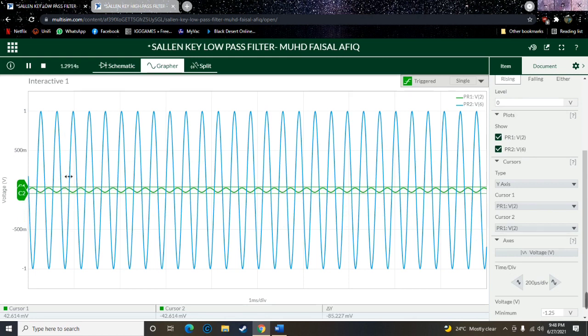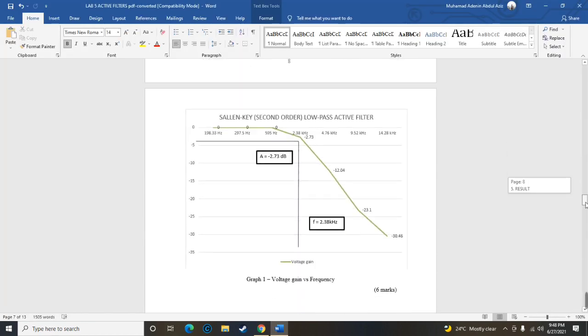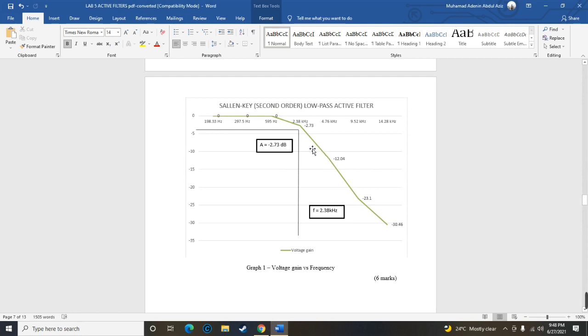The voltage gain is less than 1 when the frequency is more than the cut-off frequency for a low pass filter. After testing different frequencies, it is easier for us to plot a graph of voltage gain versus frequency. So we get a graph like this for a low pass filter.